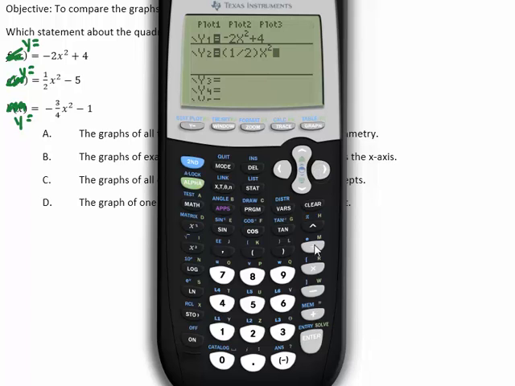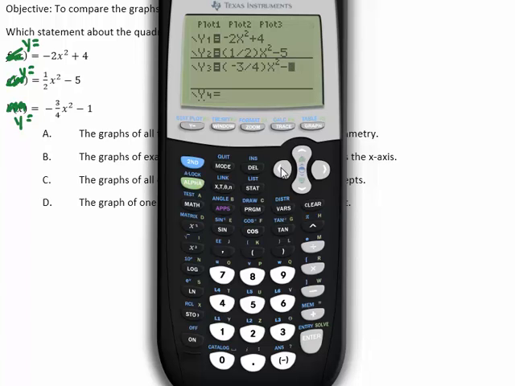Then get out of the exponent, subtract 5. And for the last equation, we're going to do parentheses, negative 3 divided by 4 to make negative 3/4, x to the power of 2, get out of that exponent, subtract 1.